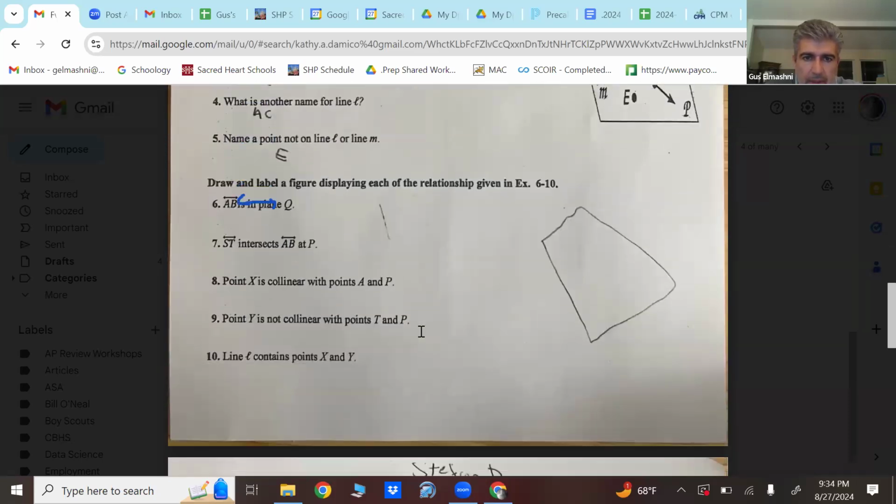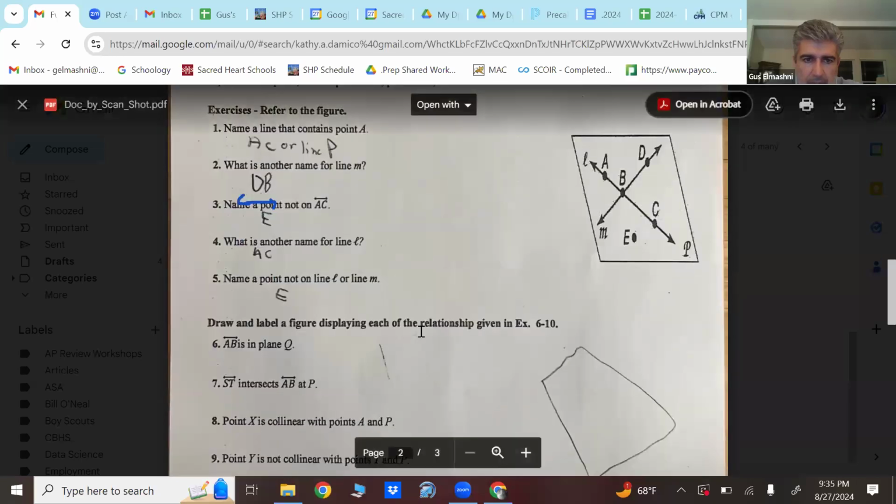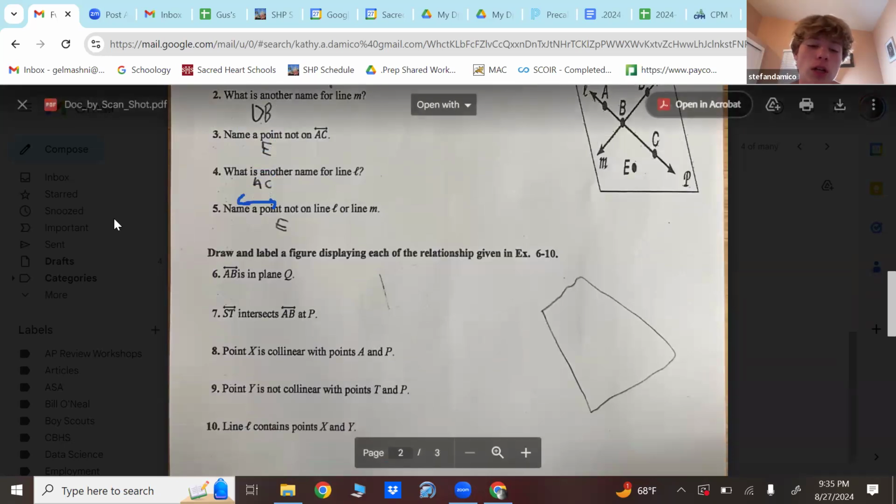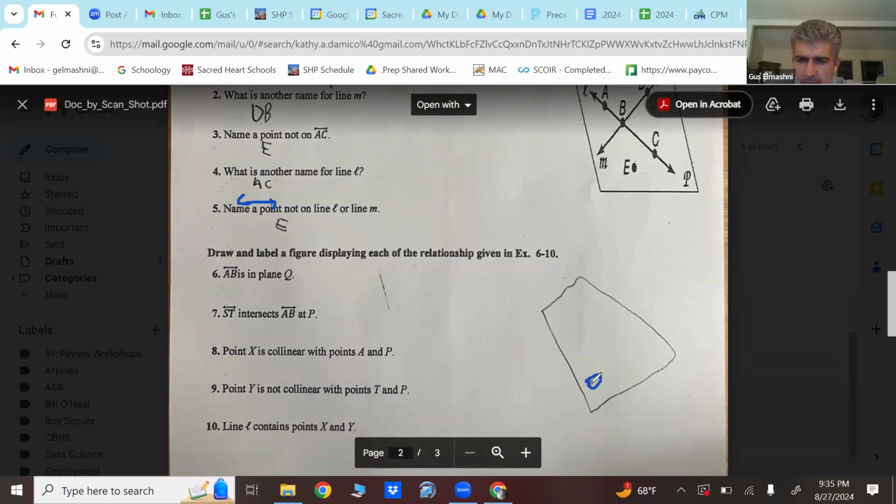Draw and label a figure displaying each of the relationships given an example. So you draw a rectangle, call it Q, and then here's AB. I don't know why I did it like that. Let's just do it again. Yeah, very simple.